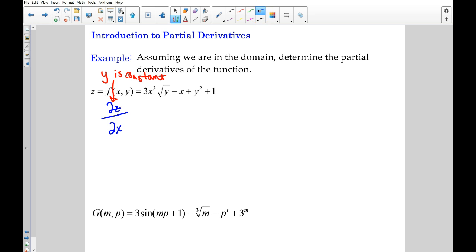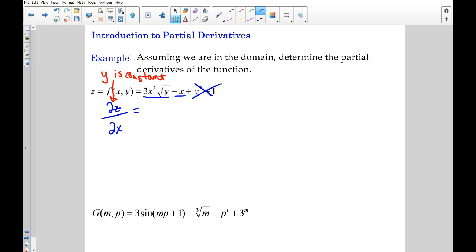So what I'm going to do here is write it in a little fancy way. So del z over del x: any term containing x, I'm going to have to differentiate, and anything without x is just going to drop off.